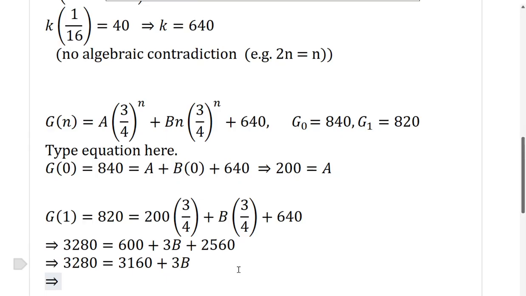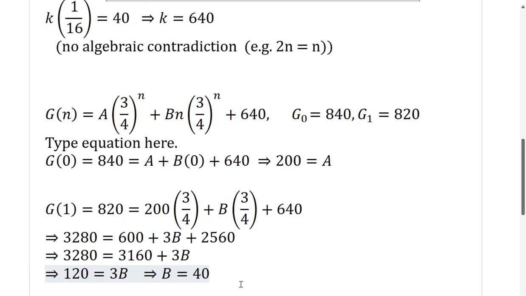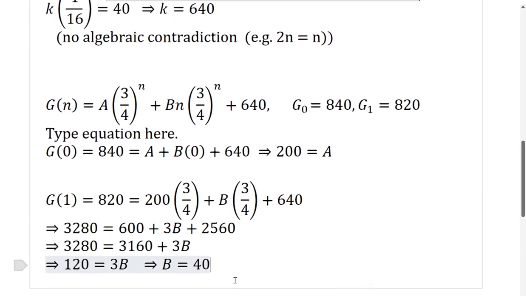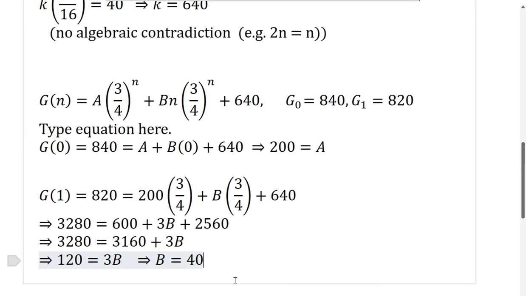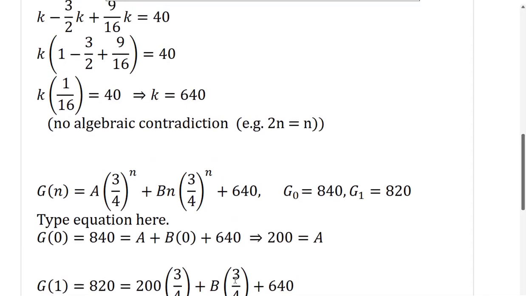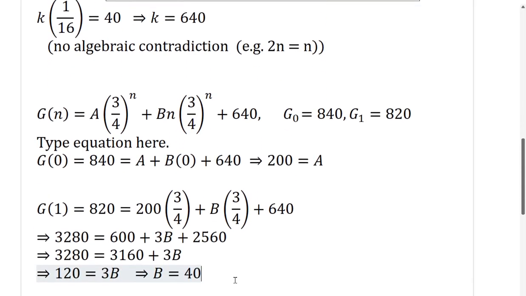So 3280 minus 3160 is 120. 120 equals 3b, which means that b equals 40, which is a whole number, which is confidence boosting. Doesn't have to be, but you know, because the previous one definitely wasn't.